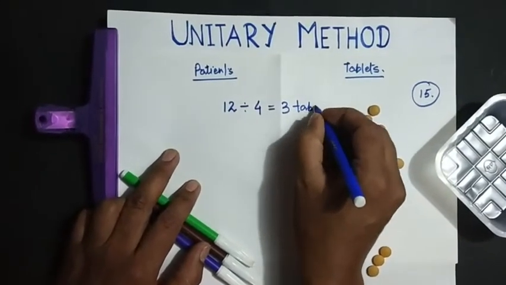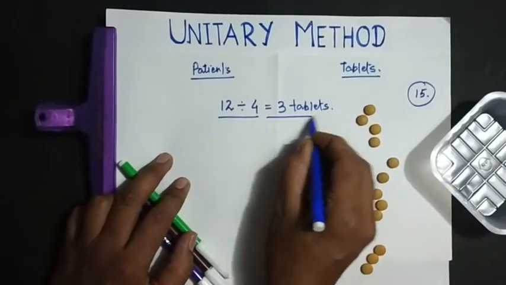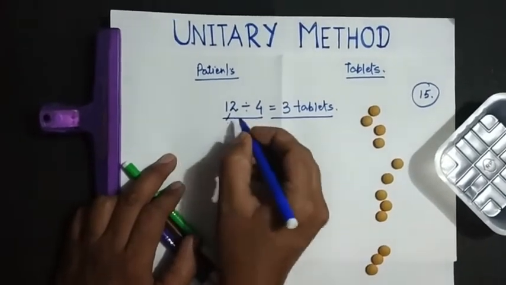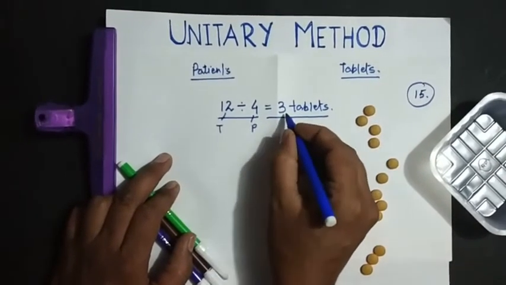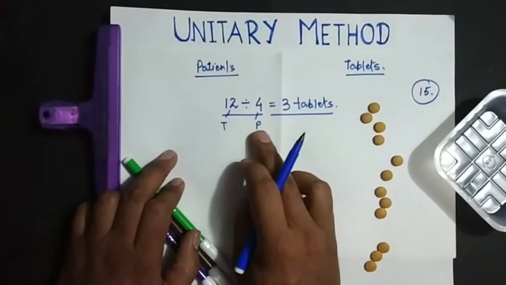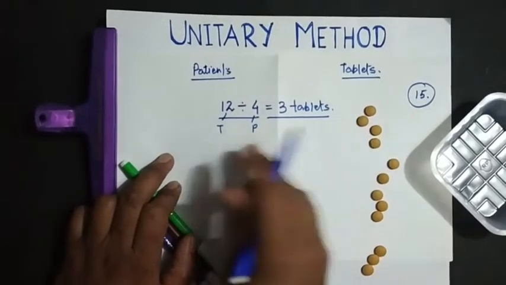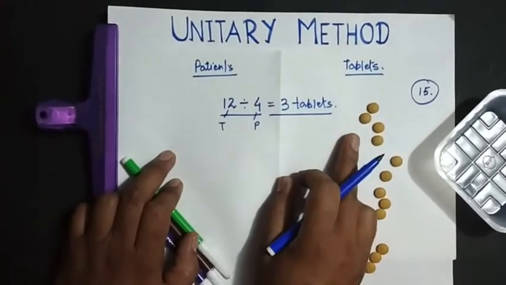Is that clear? You have to remember this: 12 are the tablets, 4 are the patients, and 3 tablets are required for the treatment of each patient. Always remember the thing which we have to divide.